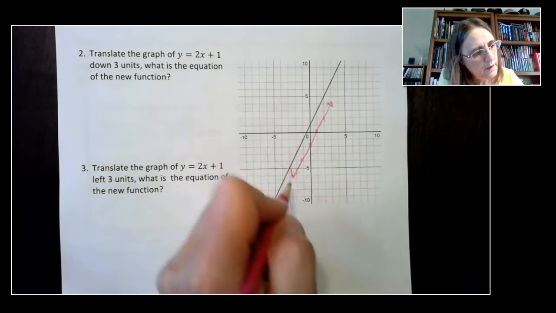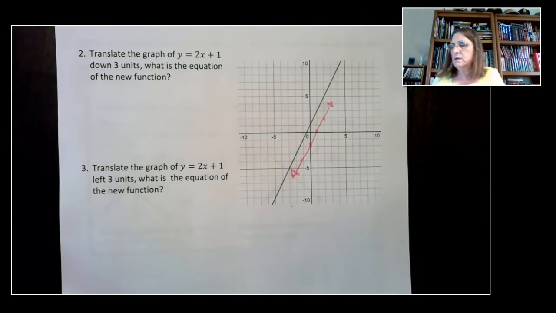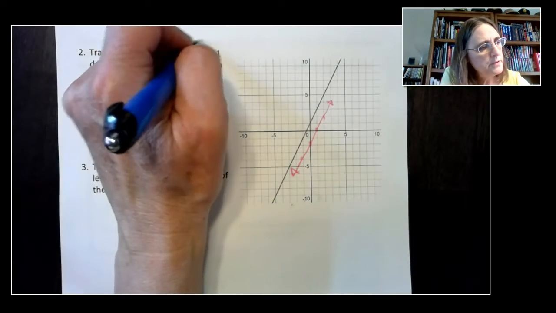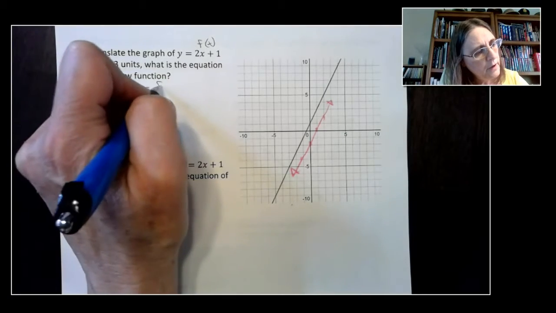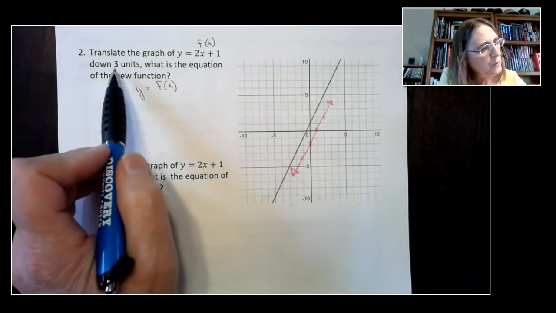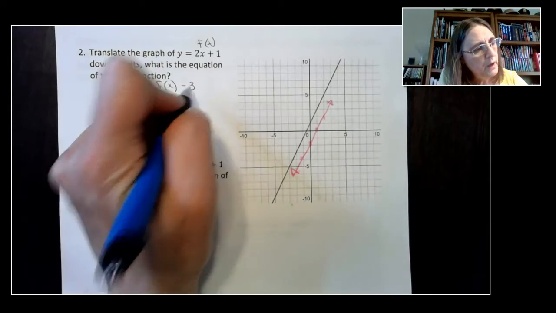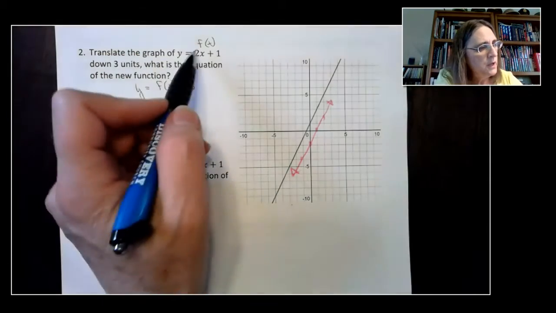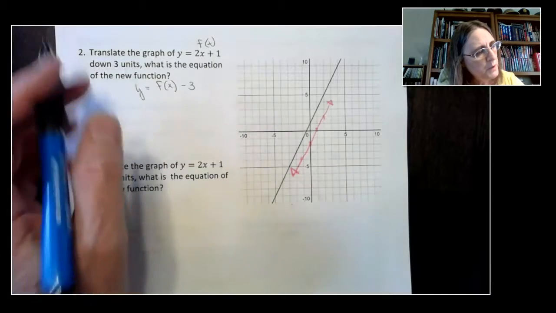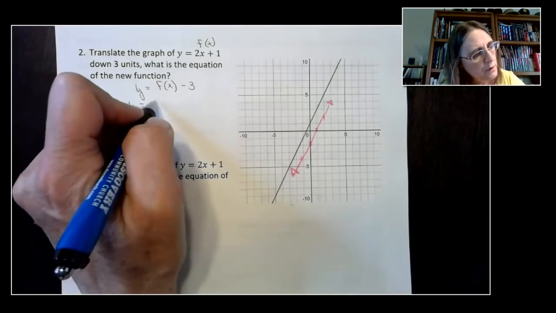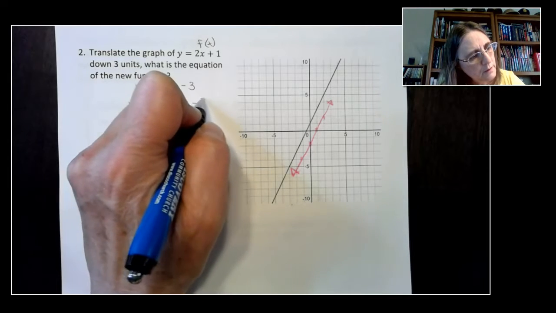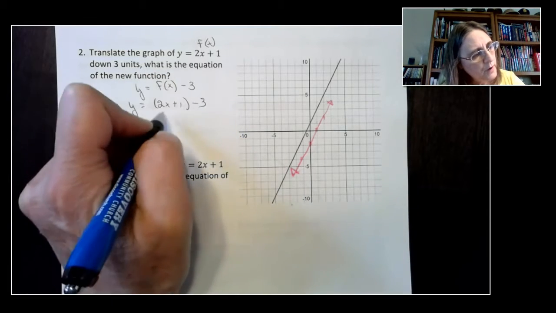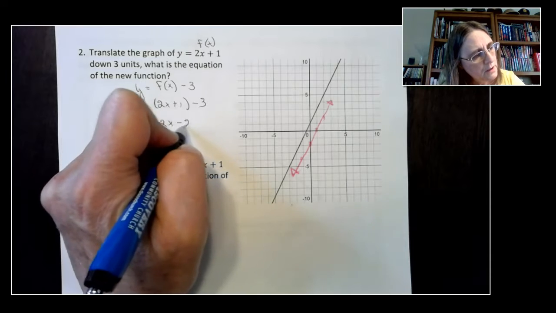Now our rule says that all we need to do is change our k. So if this is our f of x, we want to take y equals f of x, and since we're moving it down 3, we want to go minus 3. So y equals, here's our f of x, 2x plus 1, and then minus 3, which simplifies to 2x minus 2.